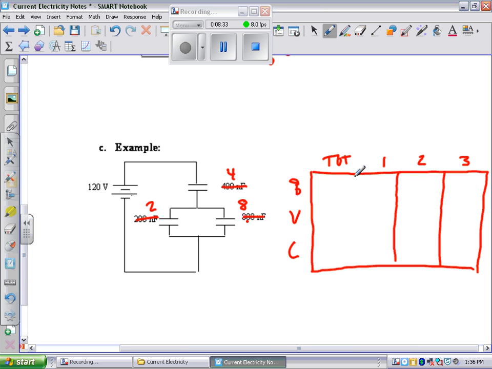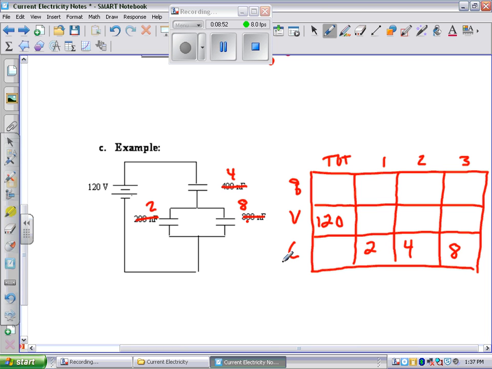So like so. Now my capacitances are 2, 4, and 8. And then my voltage is 120 volts.